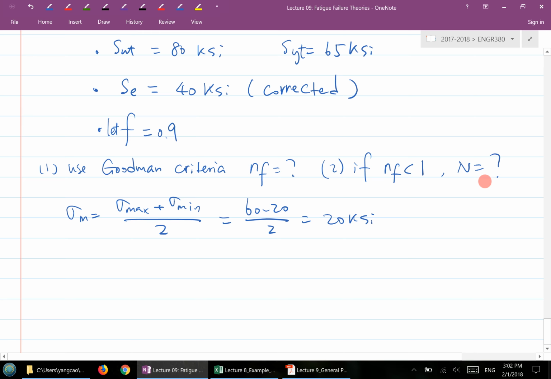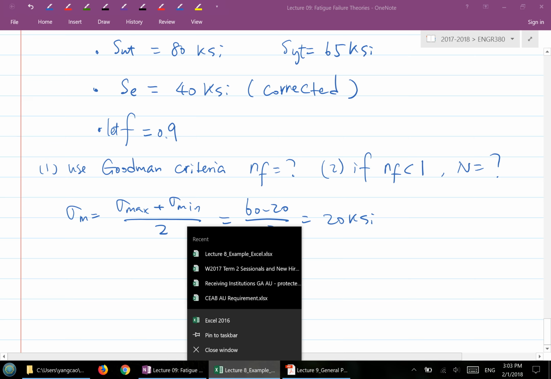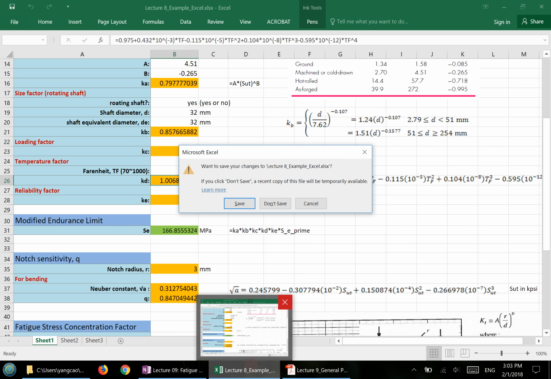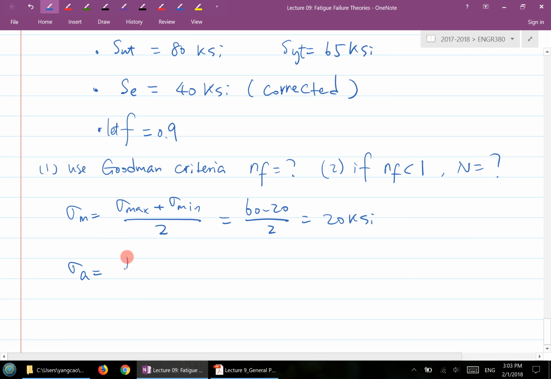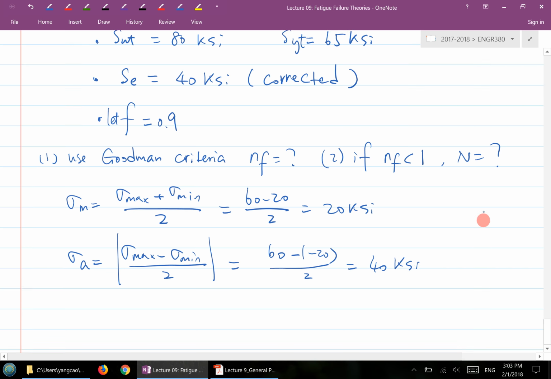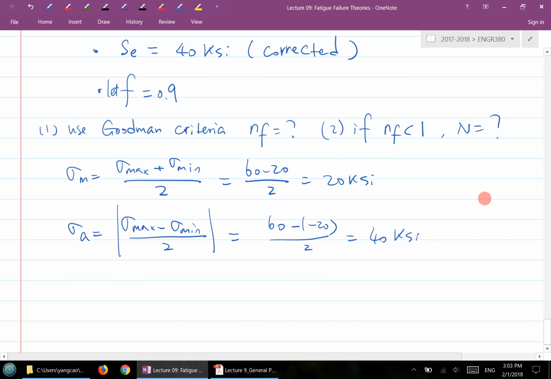And calculate sigma a. Sigma a is always a positive number, so you can use the absolute sign, but in this case it really doesn't matter. You get 40 ksi.